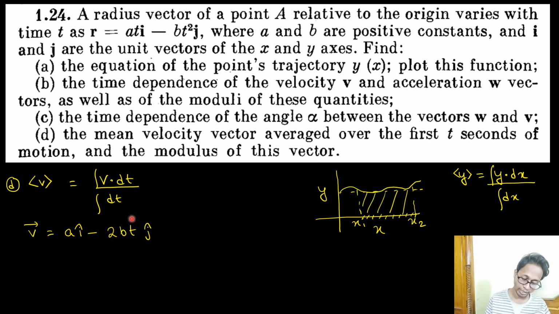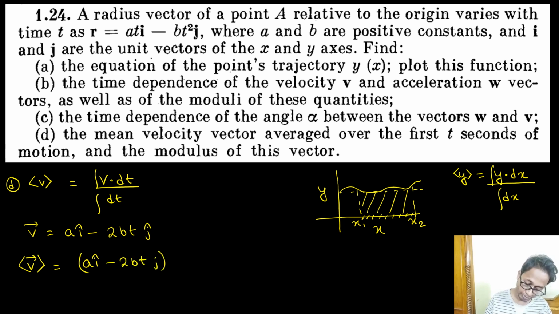However, I have to find this one. So the average of the velocity vector is nothing but the integral of (ai minus 2btj) dt divided by the integral of dt, from 0 to t.